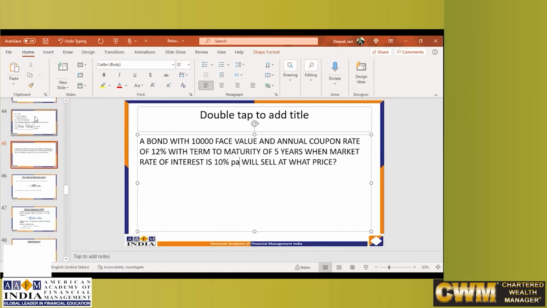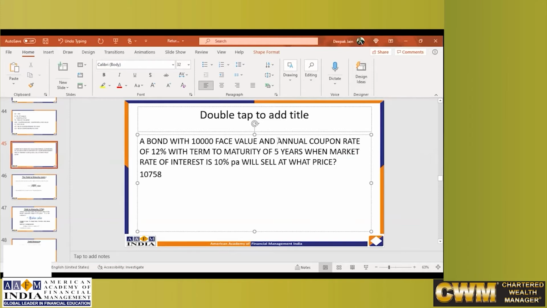That is 1200. FV is 10,000. P/Y is 1. C/Y is 1. Calculate PV. So you will get your answer as 10,758. All of you are getting? Yes.